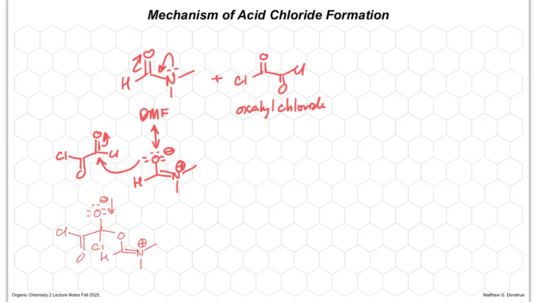So it forms this intermediate. So N plus, O minus, we've balanced the charge. That intermediate, because it's tetrahedral, will collapse. So reform this pi bond, Cl minus will leave.